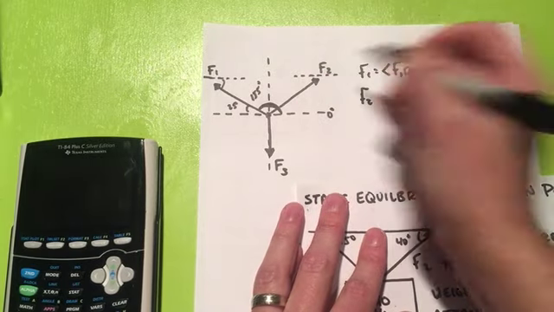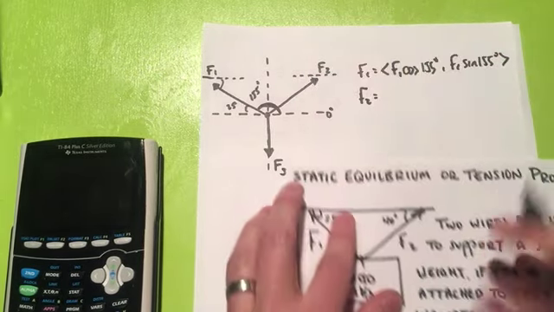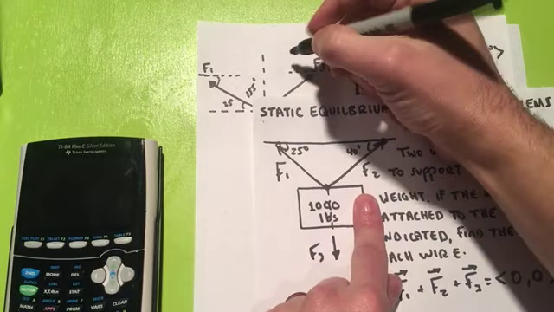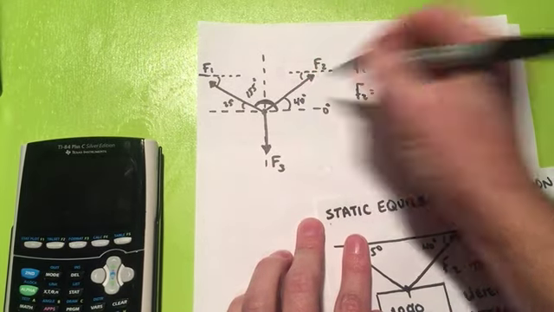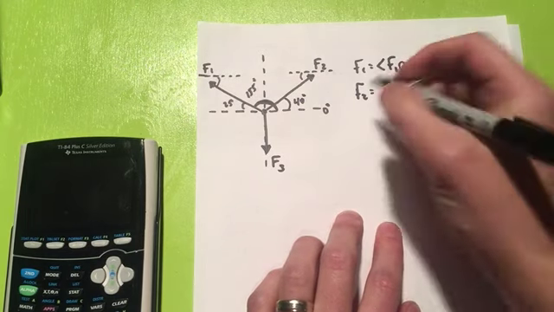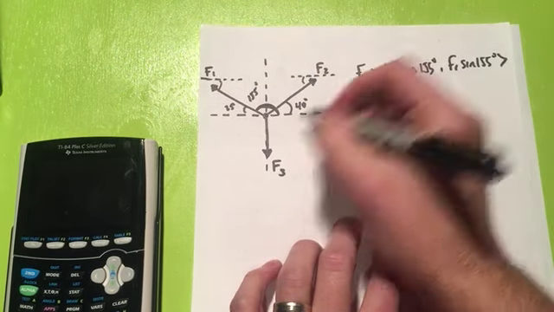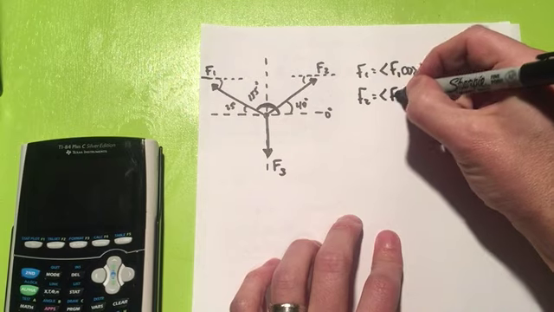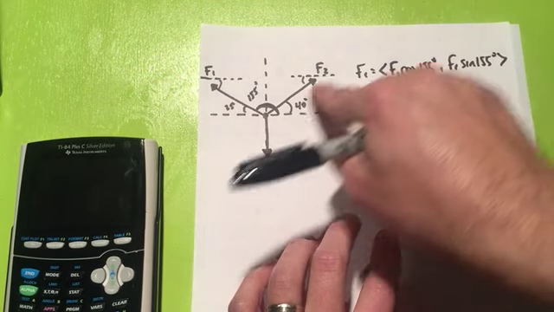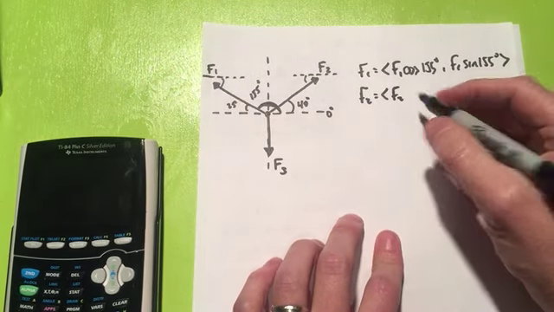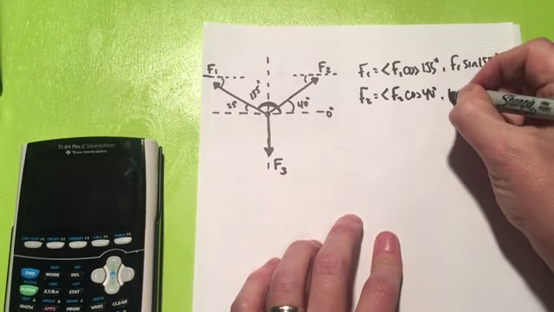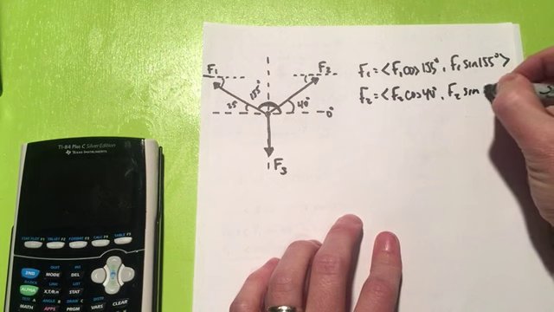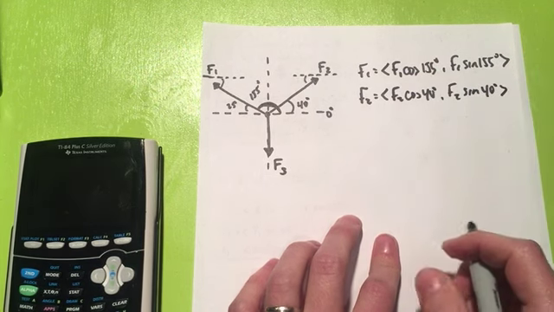Vector 2, since this is 40 degrees, down here we're going to have 40 degrees by alternate interior angles. So I can algebraically represent this vector as F2, the magnitude, or the tension, on vector 2: F2 cosine 40 degrees, F2 sine 40 degrees.